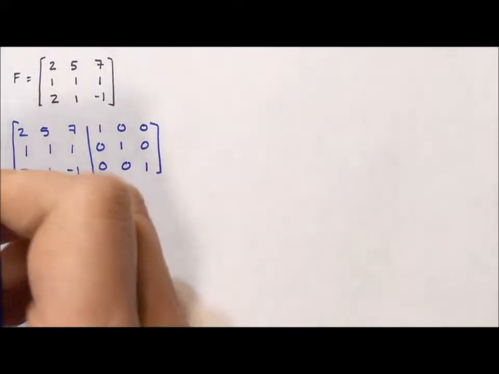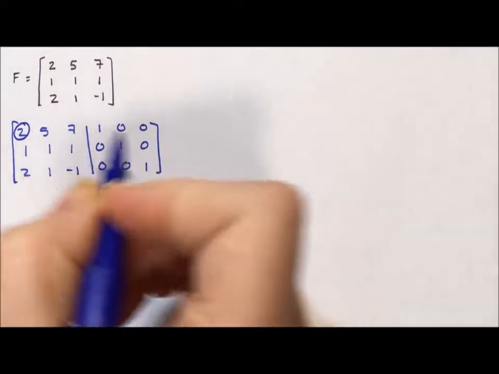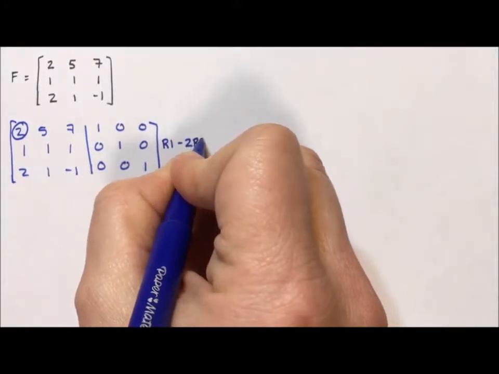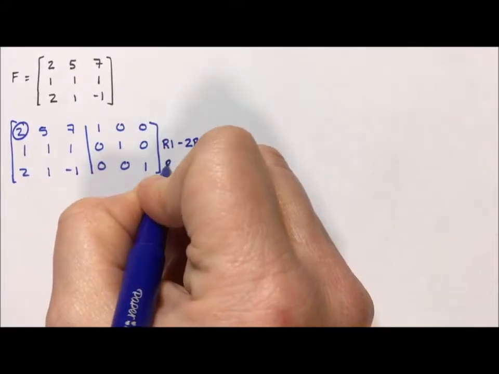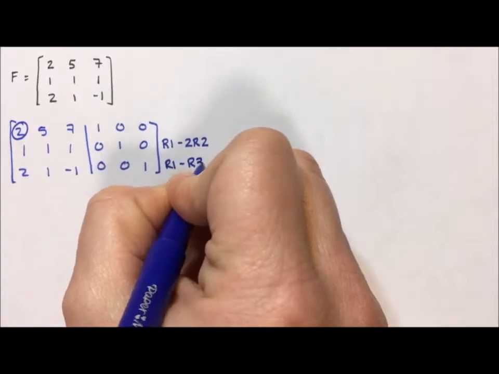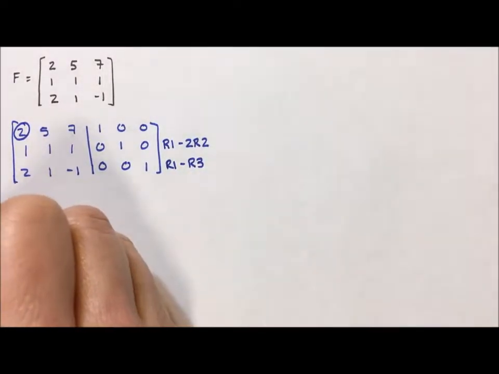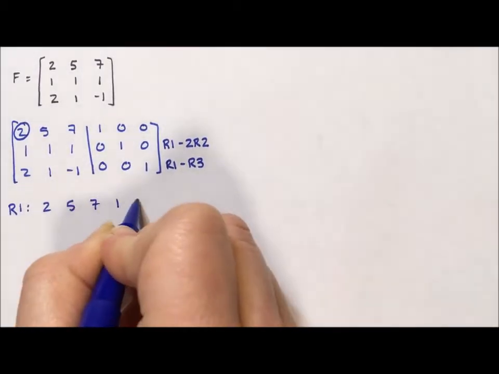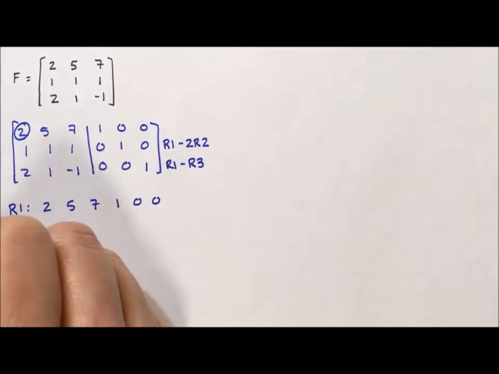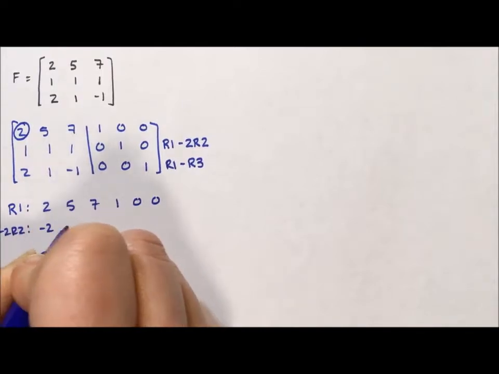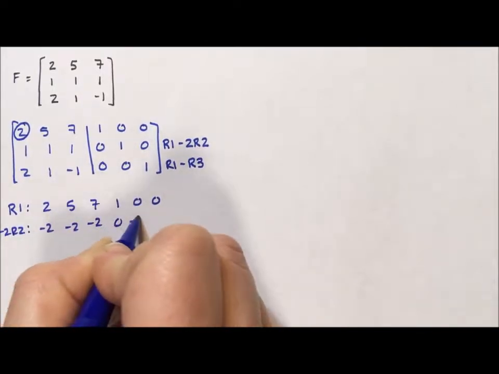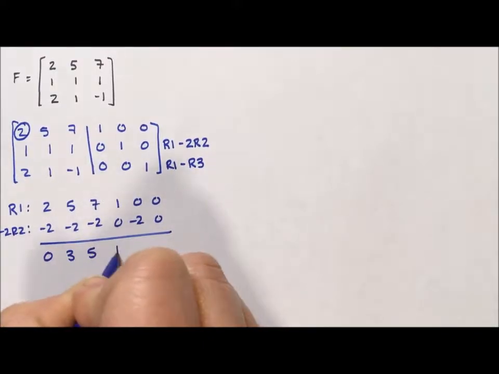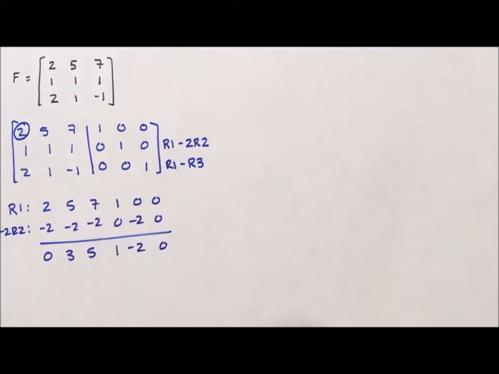So the first thing I'm going to do is pivot on this 2. So I'm going to take row 1 minus 2 row 2, and I'm going to take row 1 minus row 3. So row 1: 2, 5, 7, 1, 0, 0, minus 2 row 2: negative 2, negative 2, negative 2, lots of negative 2s, a couple of zeros. All right, 0, 3, 5, 1, negative 2, 0.